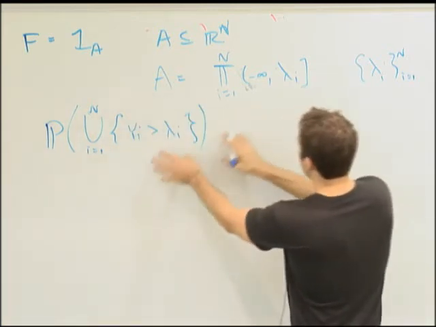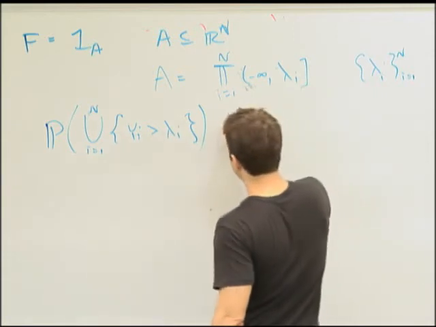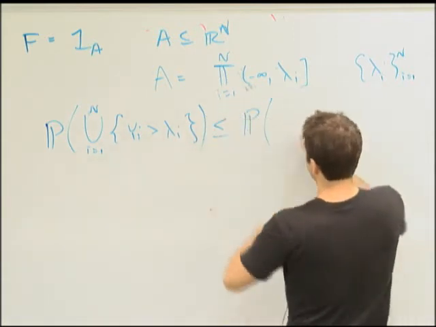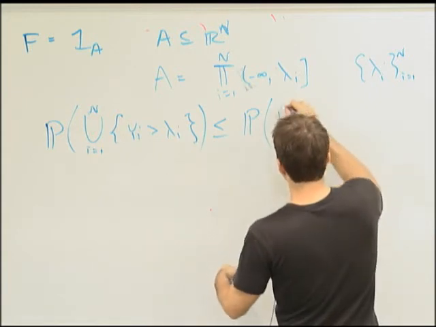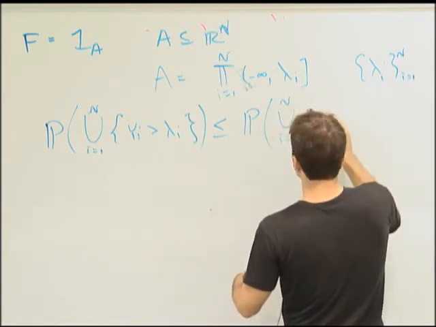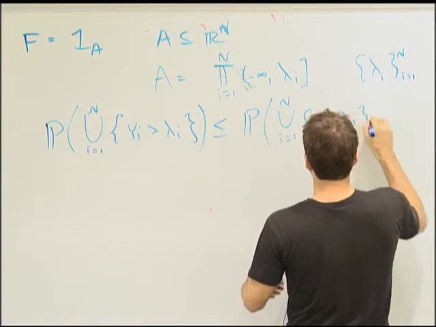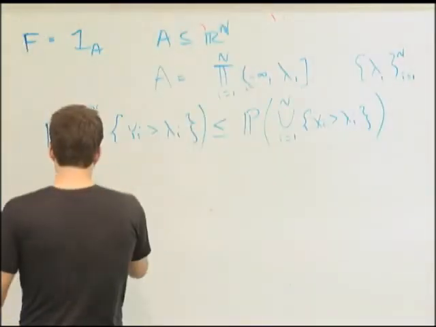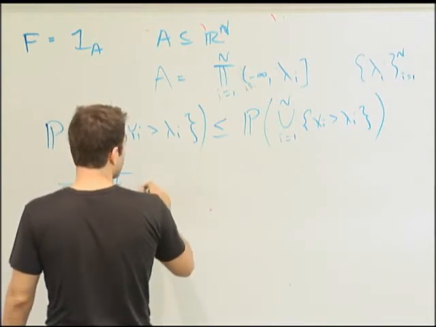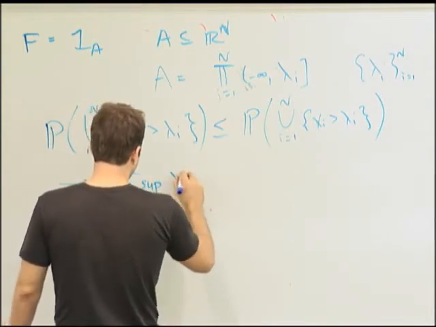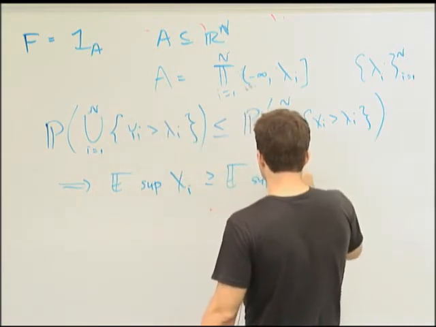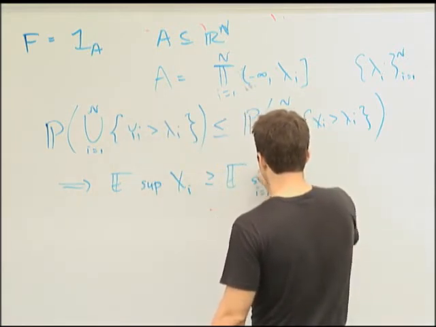Well, they have a higher probability of falling in the product, so falling outside the product, which is what this union is, should have a lower probability for the xi's. And this immediately implies that the expected value of the sup of the xi's is bigger than the expected value of the sup of the y's, i equals 1 to n.